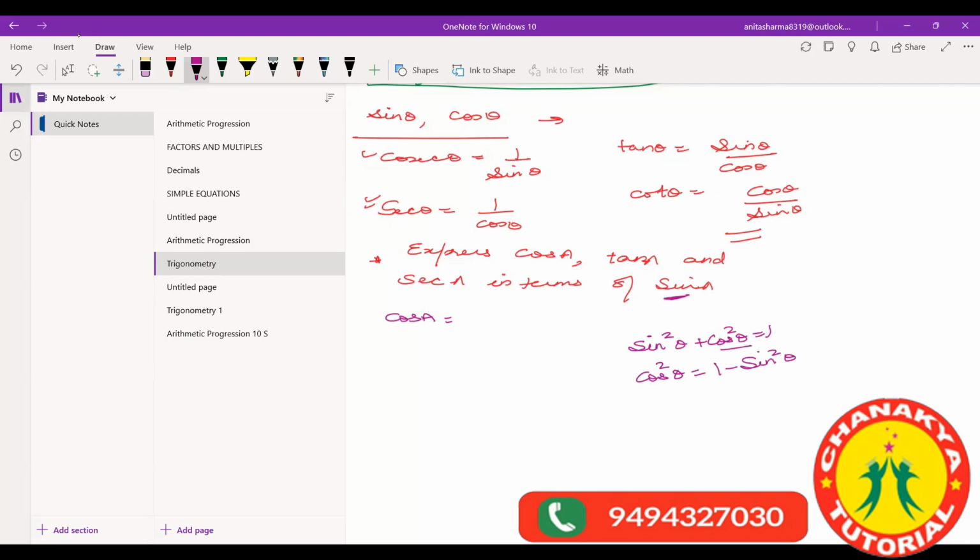So cos theta will be equal to under root 1 minus sin square theta. Right, beta? So cos A will be under root 1 minus sin square A. Understood? How you will write cos A in terms of sin A. Understood, beta?